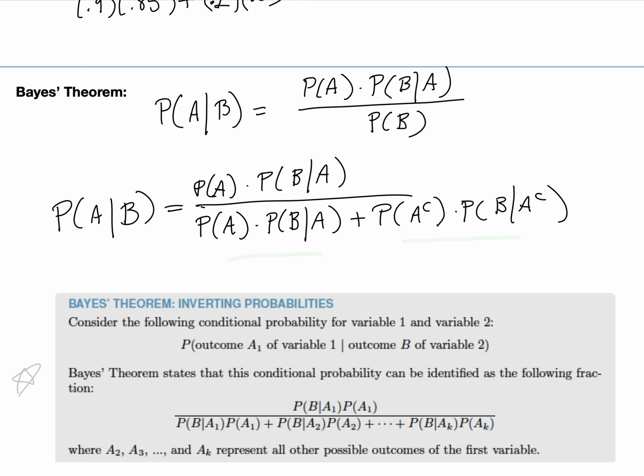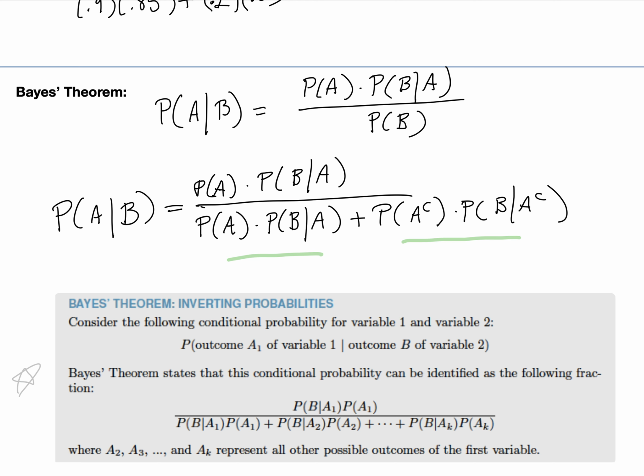So just expanding out one way of describing the probability of B. This is basically the probability that A occurs and B occurs plus the probability that A doesn't occur and B occurs, which we know is equal to the probability of B.